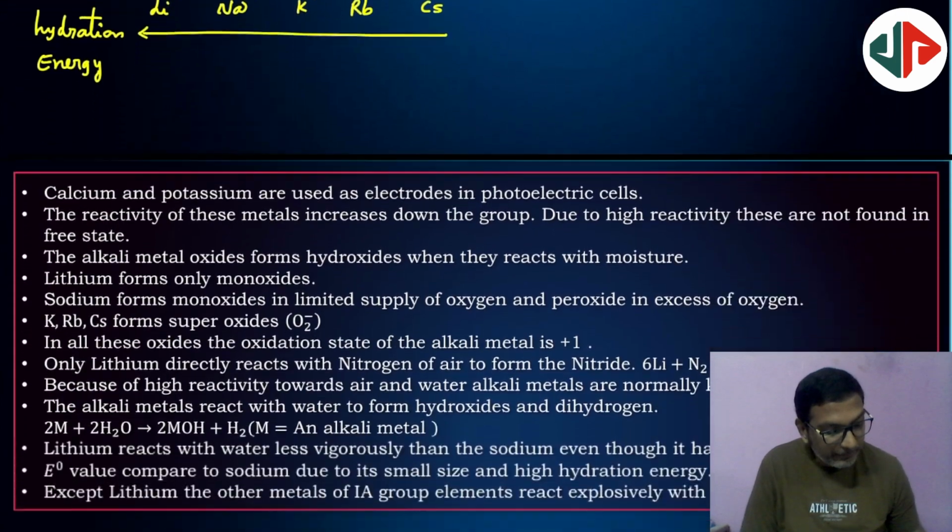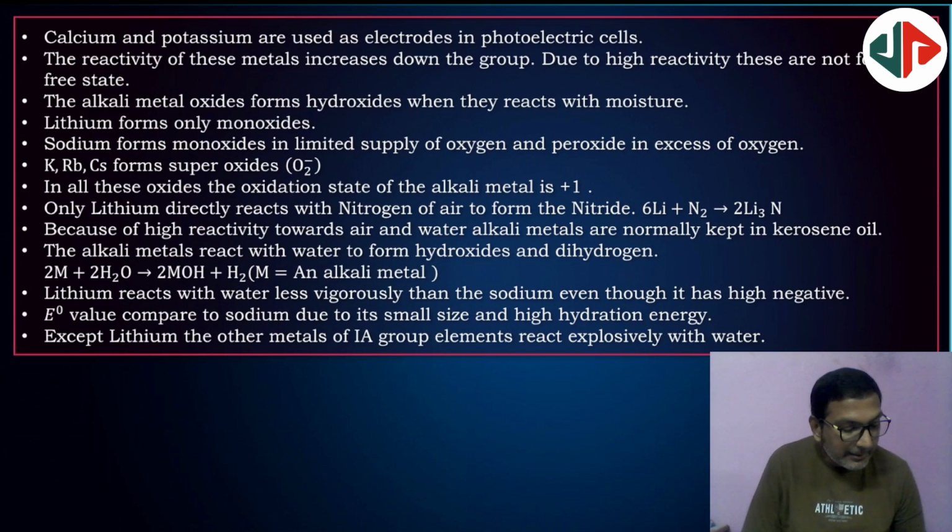Next. Cesium and potassium are generally used in photoelectric cells due to low ionization energy. Next, reactivity. Here we are discussing the 1A group.